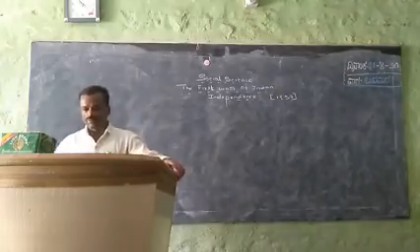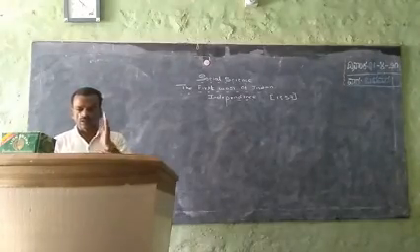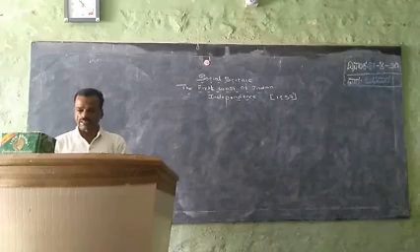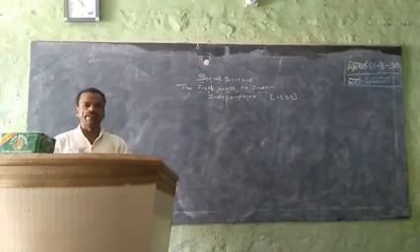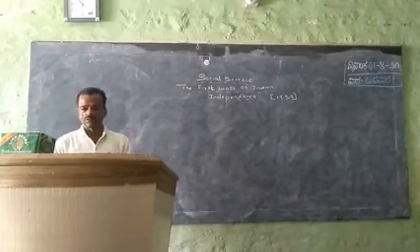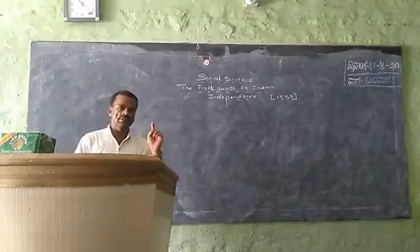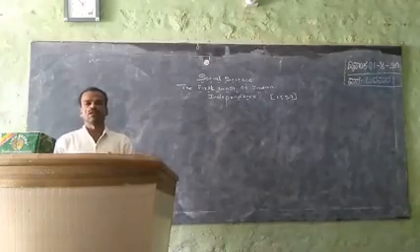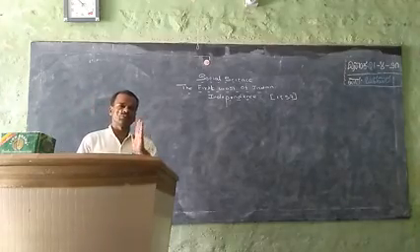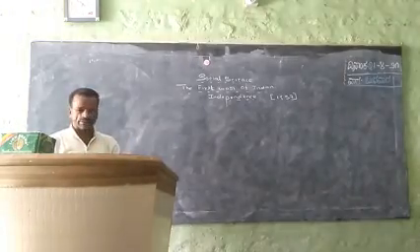So very firstly, in our country, in order to extend their rule over India, the British brought in two policies: one is subsidiary alliance and another one is doctrine of lapse. These two policies were brought in by the British in our country.